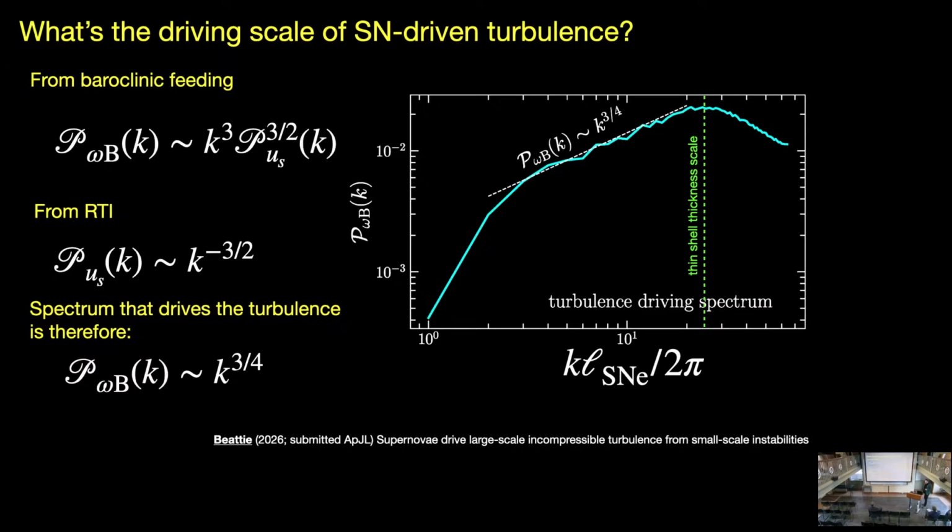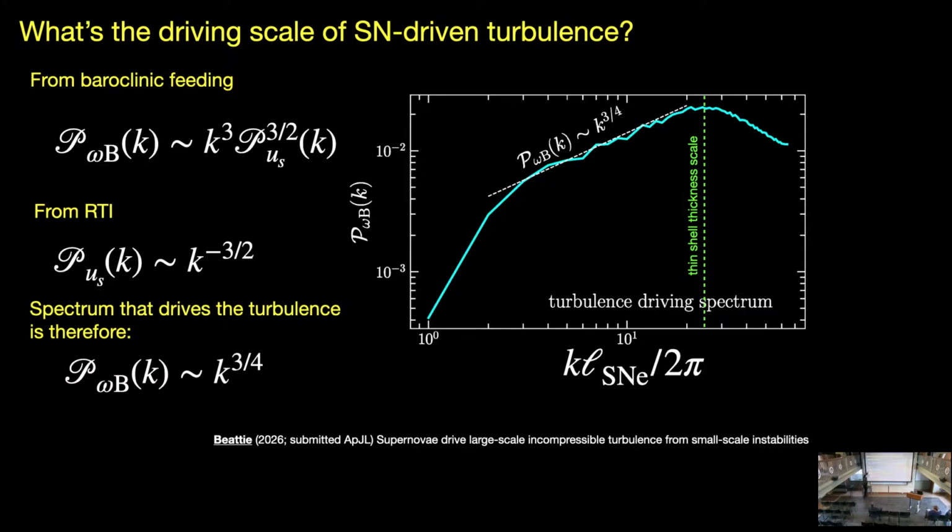Now, there's one final thing I want to point out before I summarize and conclude this colloquium, and it is, what is the nature of the driving scale if the driving is happening with an instability, which is driving on all scales, essentially. Now, I can take my relation, which I just derived very simply from equating the source term to essentially the thing that's feeding the turbulence, and I can take my RTI spectrum, which comes just from the Rayleigh-Taylor instability.